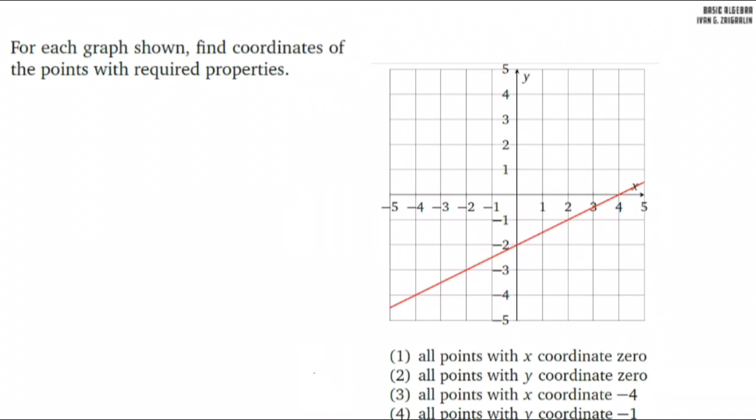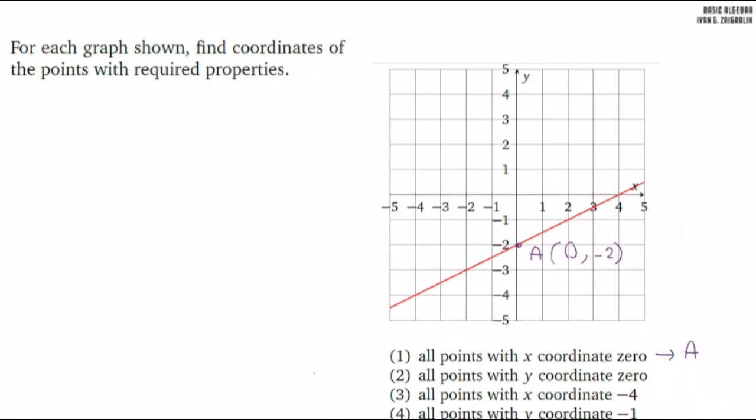So this point is A, and the point with x coordinate 0 is this point. A, x coordinate 0 and y coordinate -2. And we have only one point with x coordinate 0.